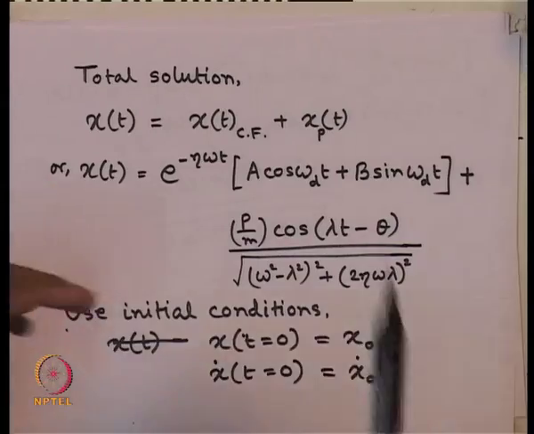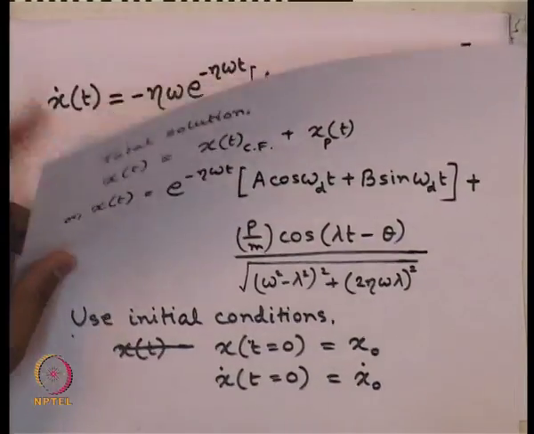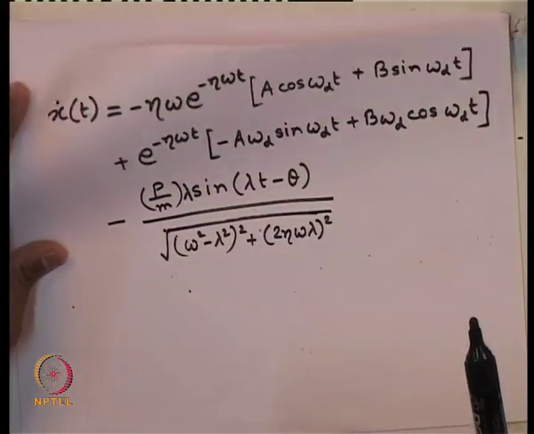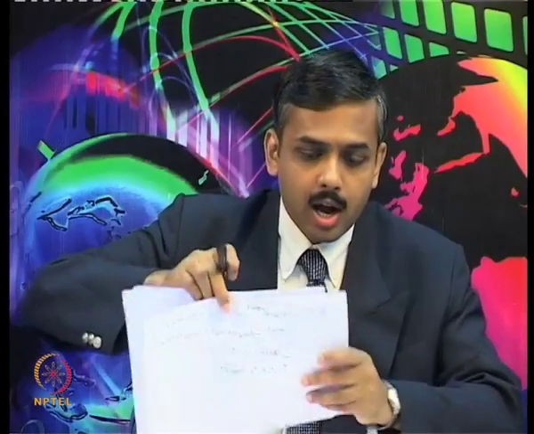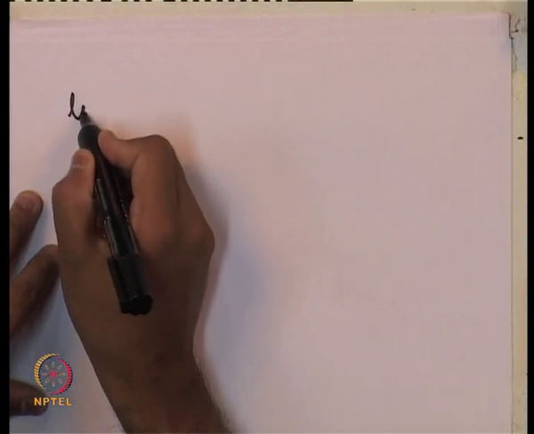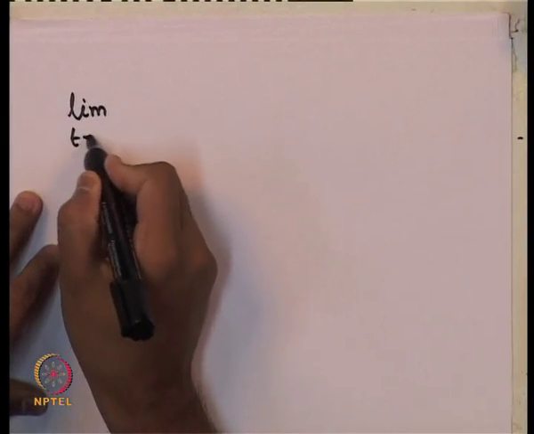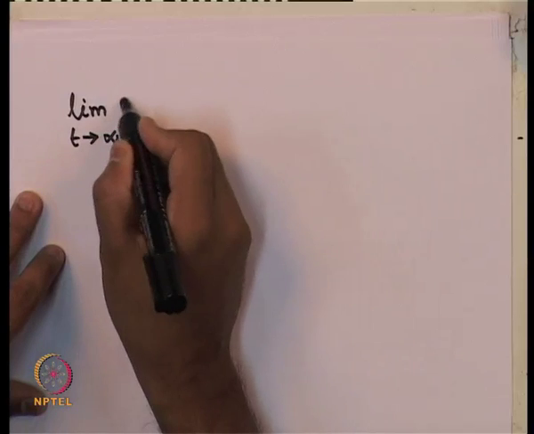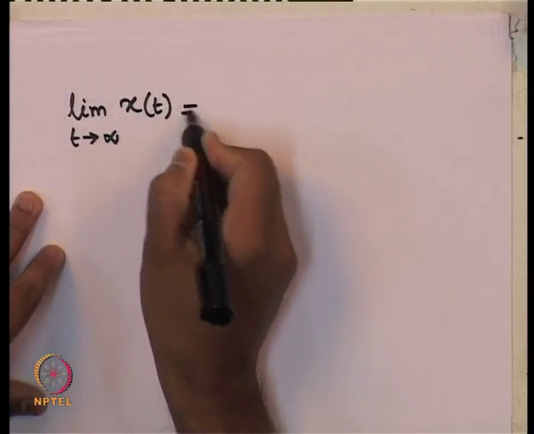So, in other words, if we want to know the response of the system for a longer duration, if I want to write the limit t tends to infinity of x of t, how should it look like?